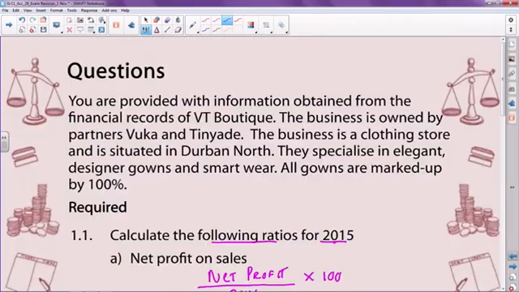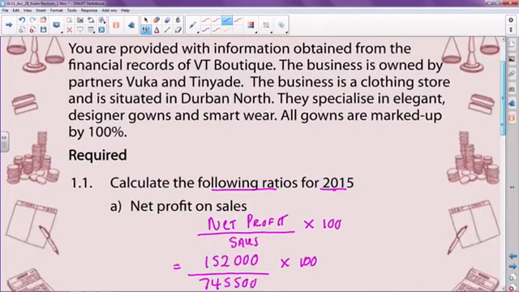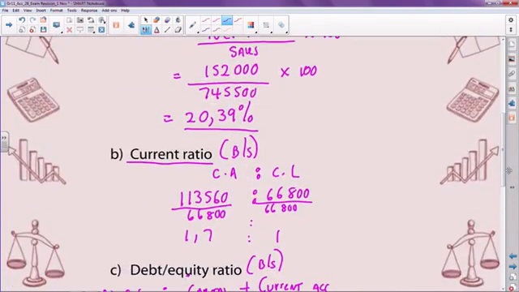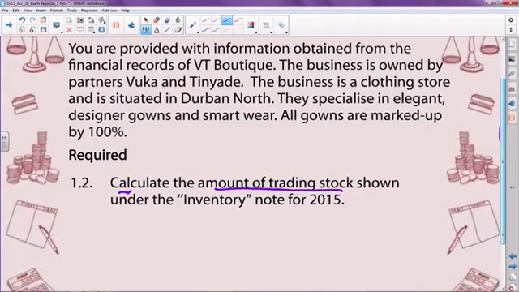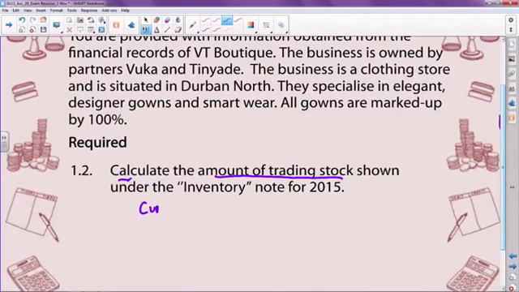Now, in a previous question, we calculated the current ratio, and the current ratio was given to me at 1,7:1. So I'm going to just transfer this information. So my current ratio, okay, and I'm going to explain why I need this in a moment, was given to me as 1,7:1.